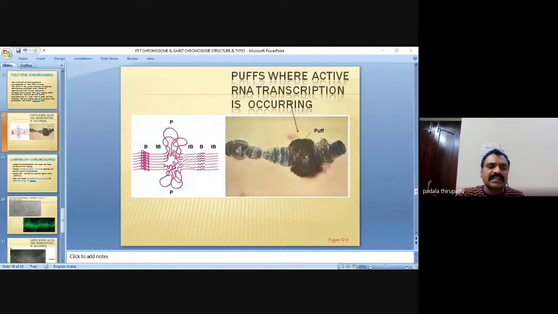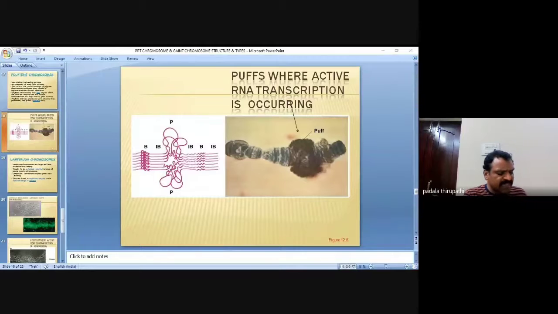This is the interband region, and this is the band region. The puff region can also be observed in the polytene chromosome. This is the puff. According to Balbiani, we can also call this ring the Balbiani ring. So this is about the polytene chromosomes.